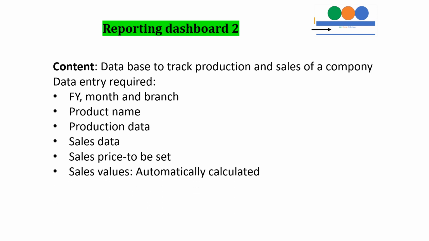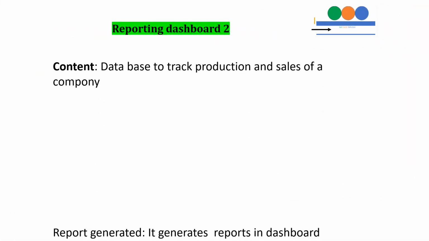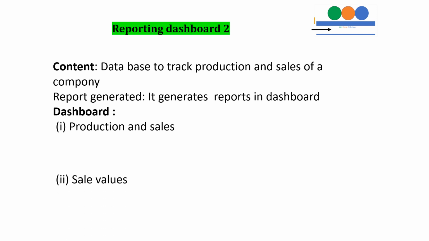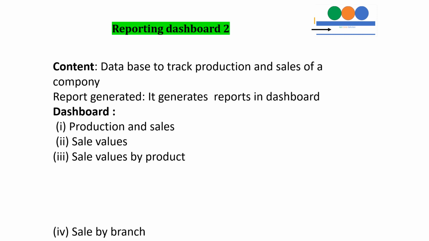Then sales values, which will be automatically calculated. In terms of the report, it generates reporting in dashboard. We have the following in the dashboard as a report. The first one is production and sales, sales values, sales values by product, and sales values by branch. So the dashboard shows all these things.